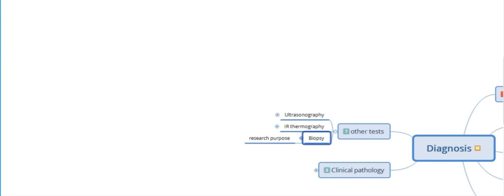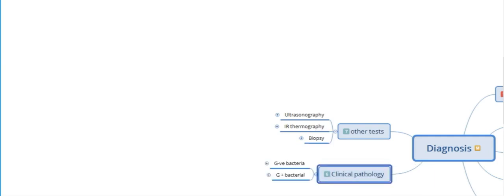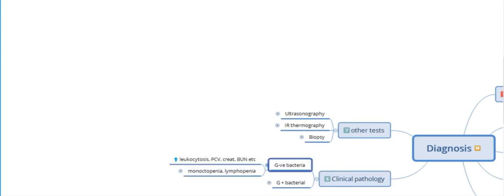Now, what are the clinical pathology changes in the blood when it comes to mastitis? As I told in the previous class, gram-negative bacteria, because of endotoxin release, will produce systemic signs. So there will be significant clinical changes, and you can see the clinical pathology directly in case of gram-negative bacteria. There will be leukocytosis, PCV will increase, and creatinine, BUN, etc. will increase because of this toxemia.